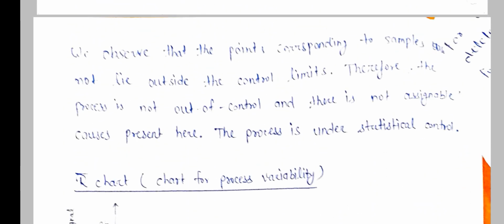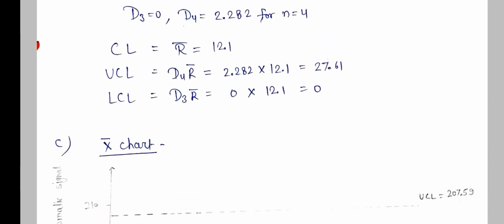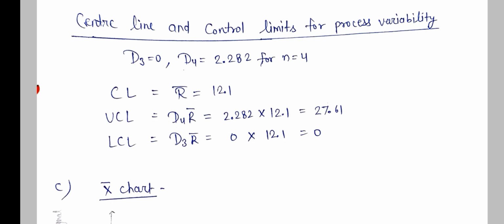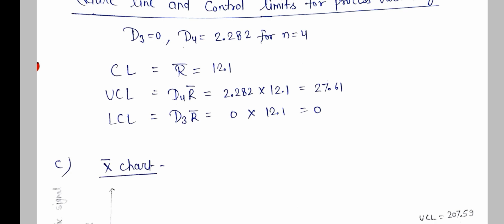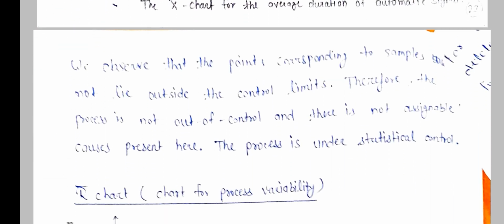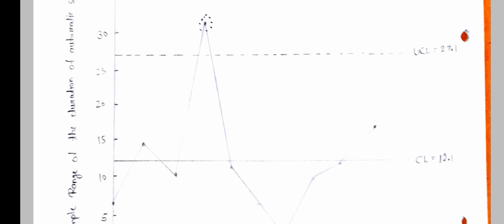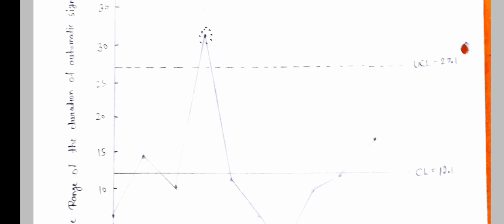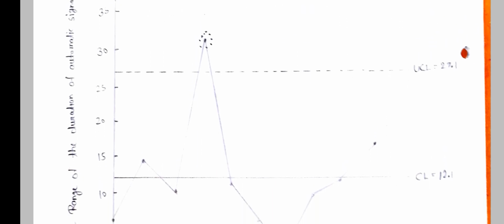Similarly we will see LCL, CL and UCL here. CL is 12.1, UCL is 27.61 and LCL is equal to 0. We will put these values in the graph. On the horizontal axis is the sample number, and on the vertical axis is the range of the duration of the automatic signal.